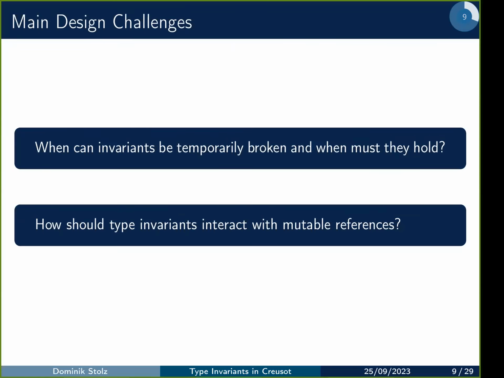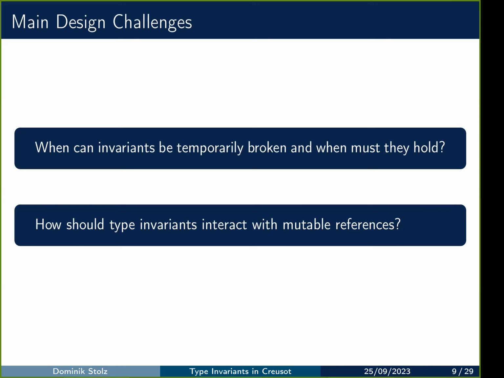Okay, now the main design challenges of type invariants. So we've seen how to define type invariants, but how do we actually enforce that the types always fulfill these invariants?